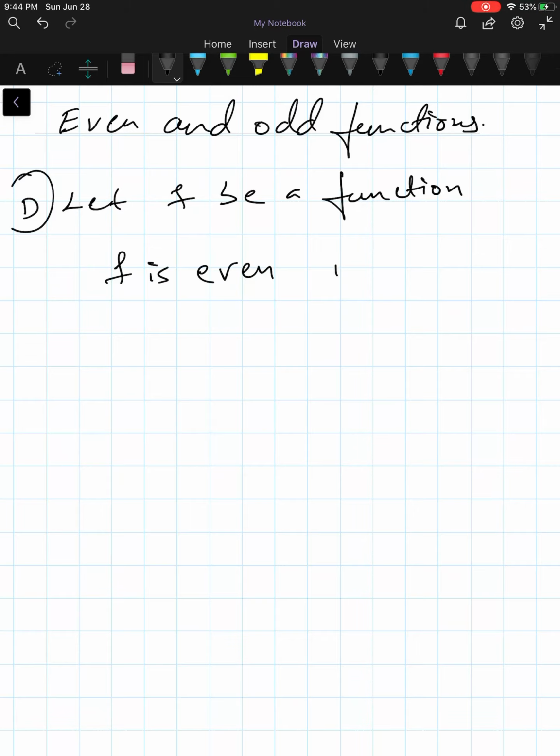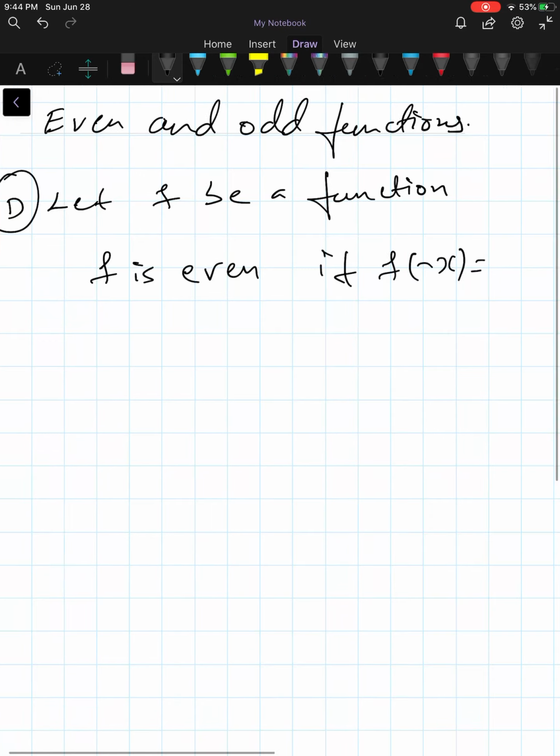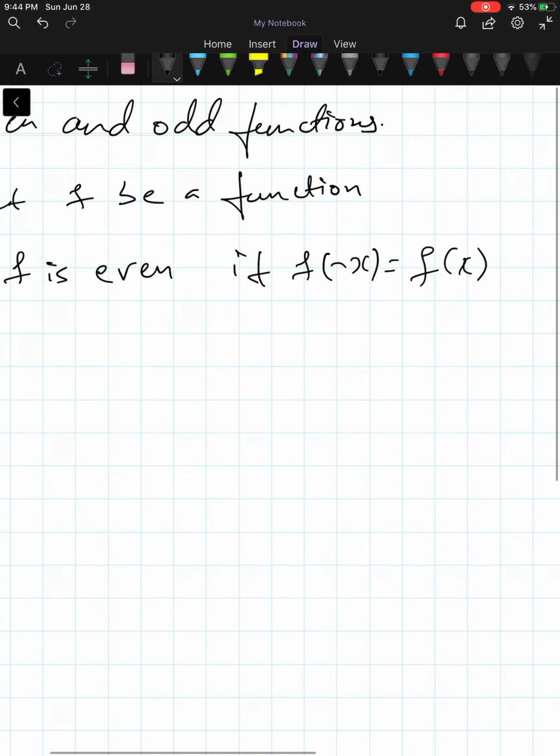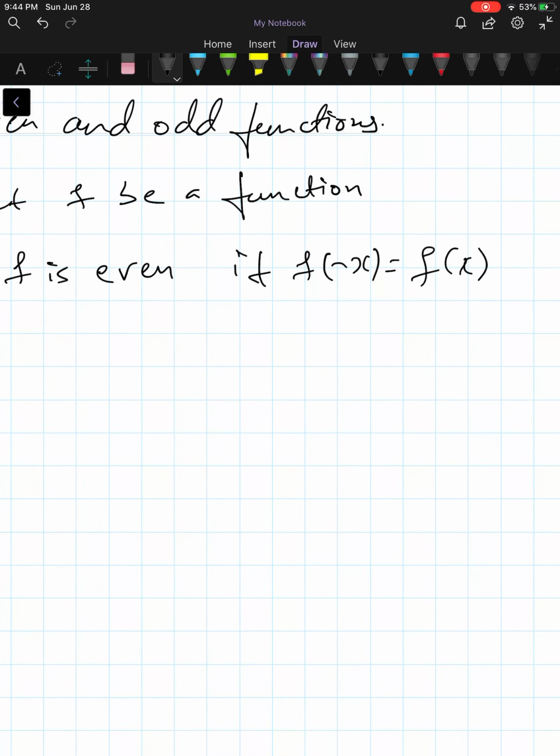f is even if f of negative x is equal to f of x. So if you change the sign of the input values, there is no change in the functional values.